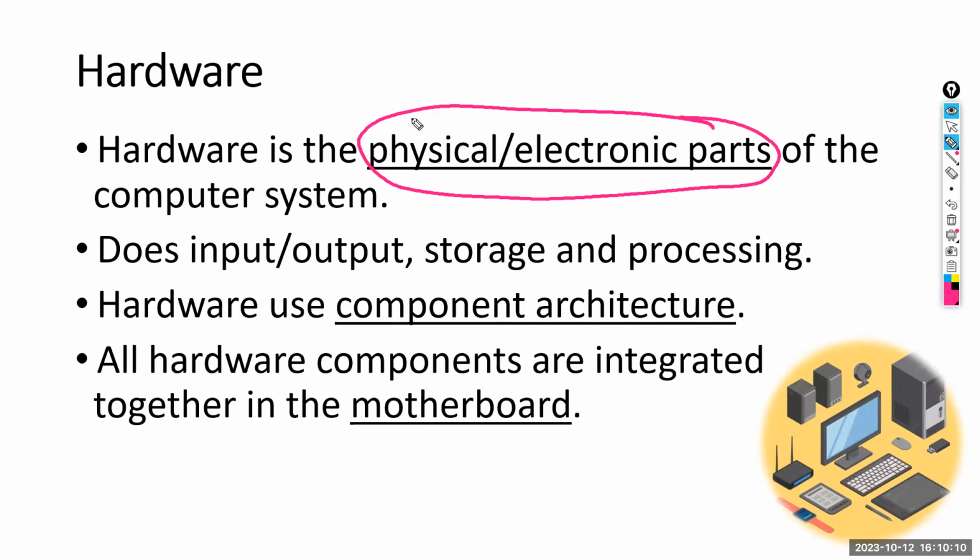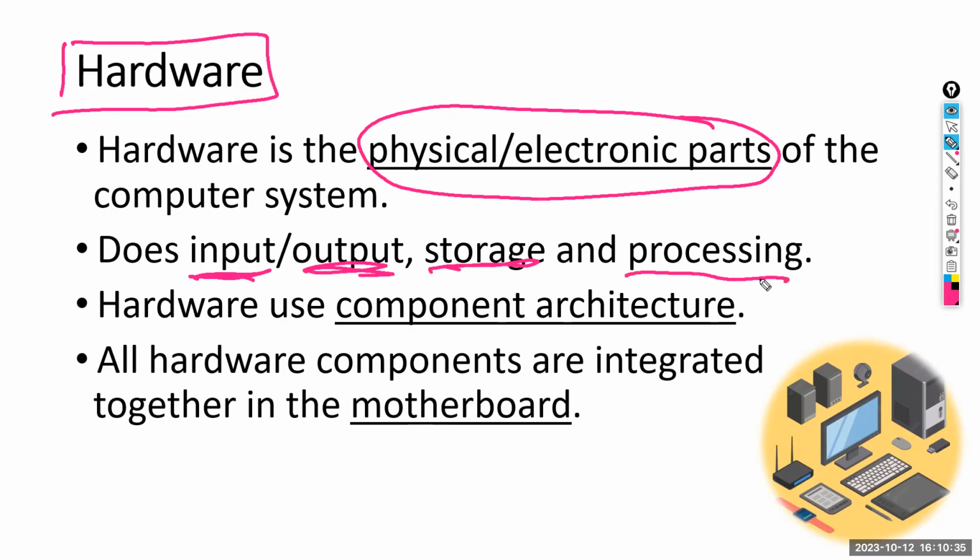Okay, so why do we need hardware? Hardware involves all kinds of things. For example, we need hardware for input like keyboard, mouse, hardware for output like your screen or monitor or printer, hardware for storage, hard disk, SSD, pen drives, and obviously we need hardware for processing, that is the microprocessor.